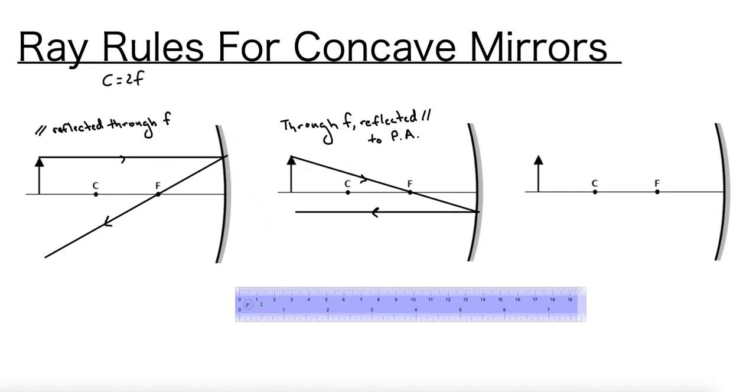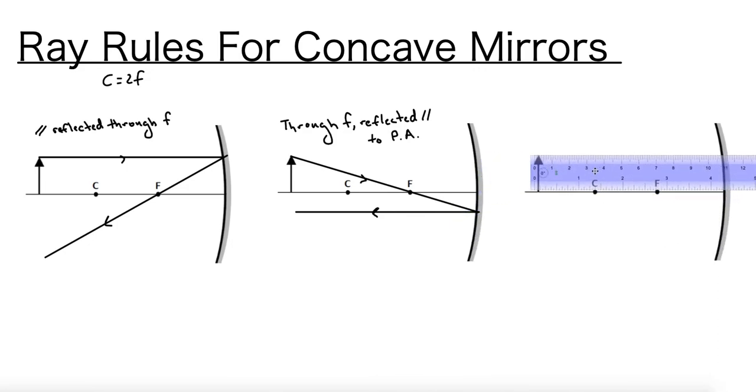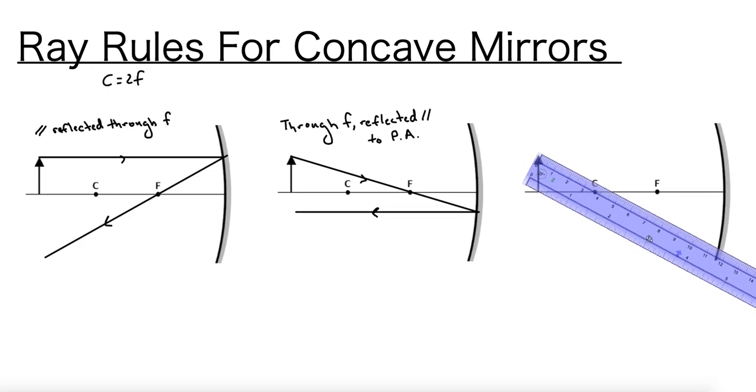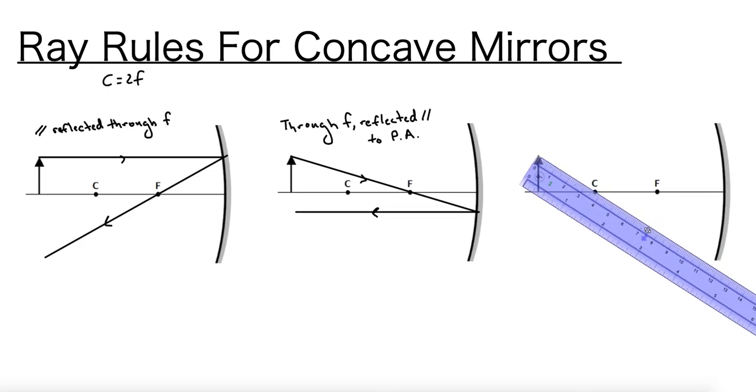And now the third rule is actually the simplest of all three: if it goes through your radius of curvature. And I always do the top of the arrow just because it's easiest. Now you'll see, in this case, our drawing doesn't quite line up with the mirror.